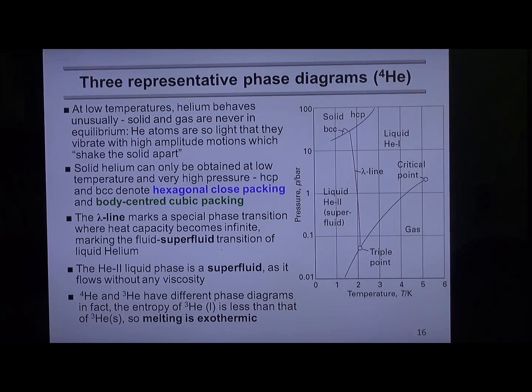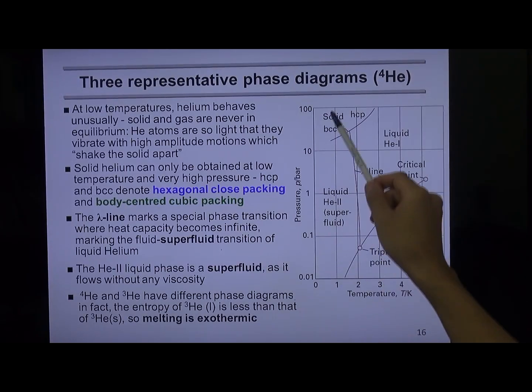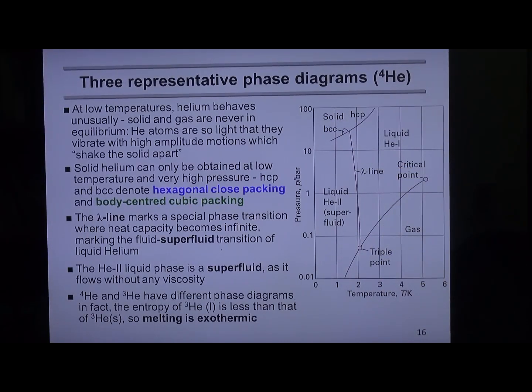There is no phase boundary between solid and gas, right? Because helium atoms are really light, so with just a small energy, it can totally take apart these helium atoms. And there is liquid and superfluid.